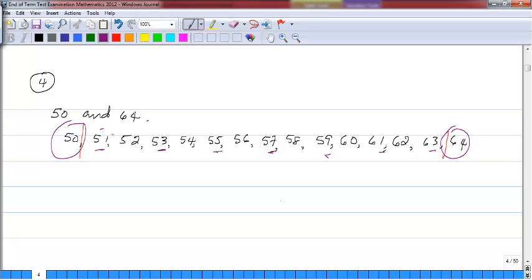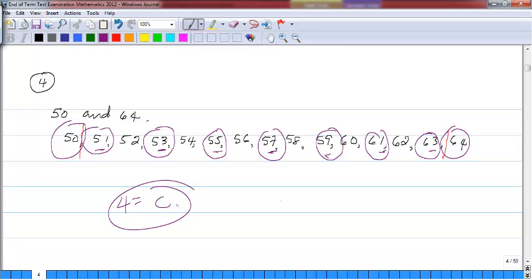So we have 1, 2, 3, 4, 5, 6, and 7. So we have 7 odd numbers between 50 and 64. So our answer for number 4 is C.